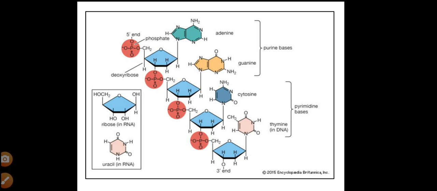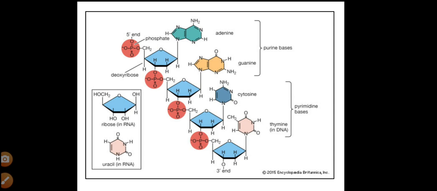For their outstanding work, Watson, Crick and Wilkins were awarded the Nobel Prize in 1962, but Rosalind Franklin was not included in this team because she had died just before the Nobel Prize was announced. The Nobel Prize is not given to dead people.